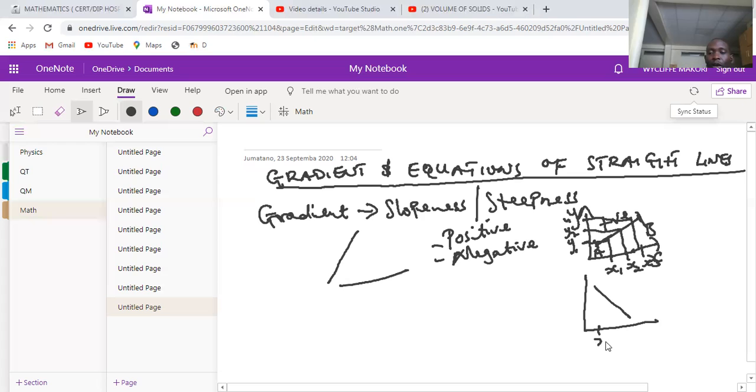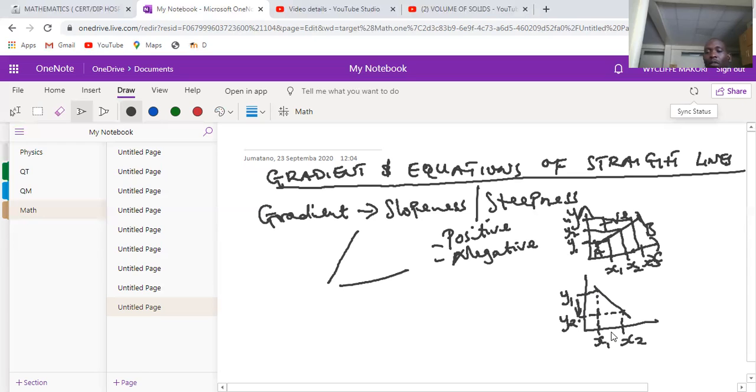If you have here your x1 maybe and x2, and here you have your y1 and your y2, you can realize that when x was at that point, y was at that point. But as x increased to this x2, the y decreased to this particular point.